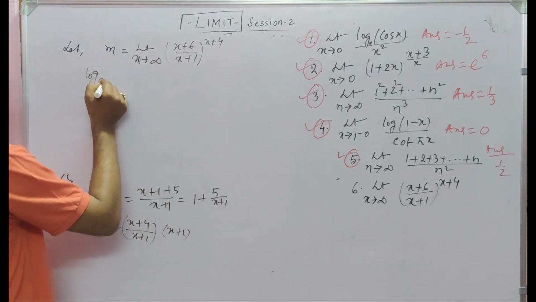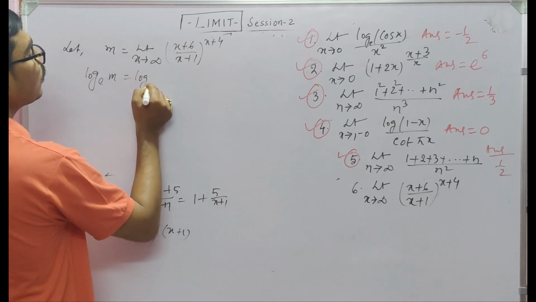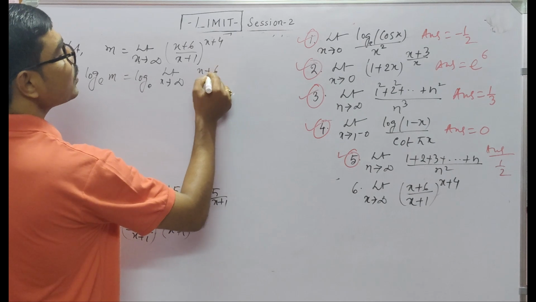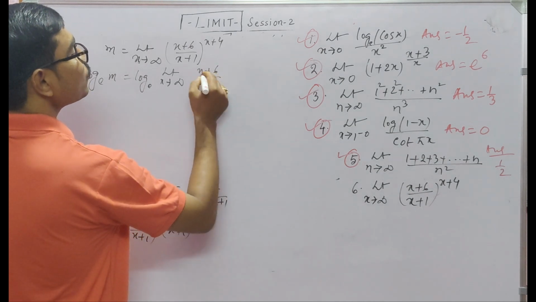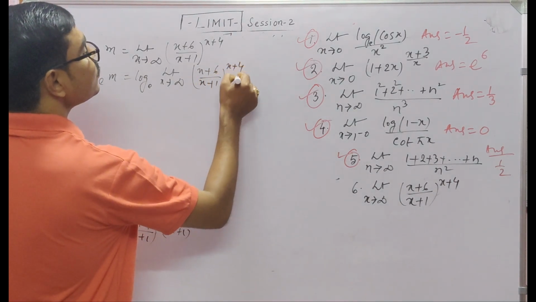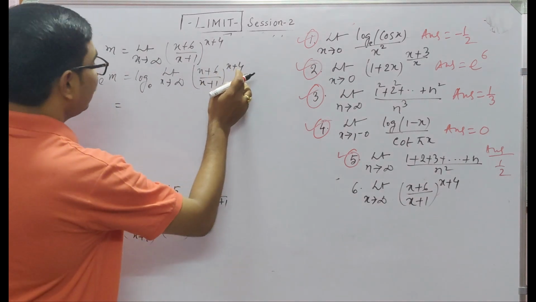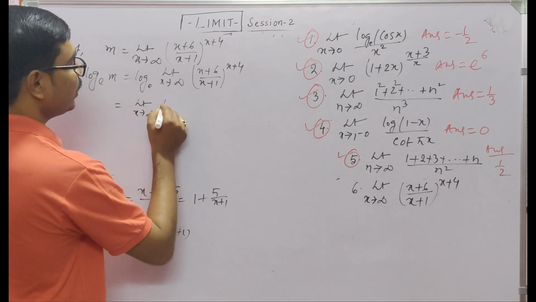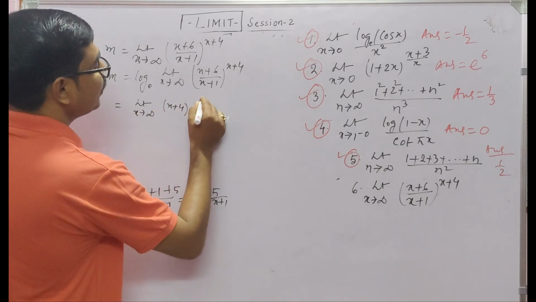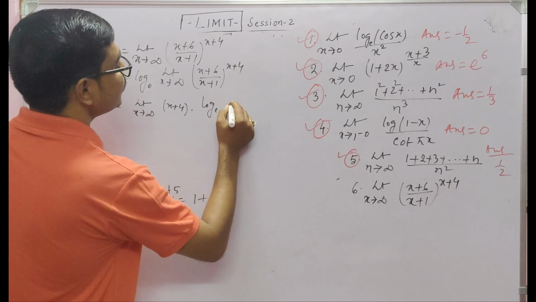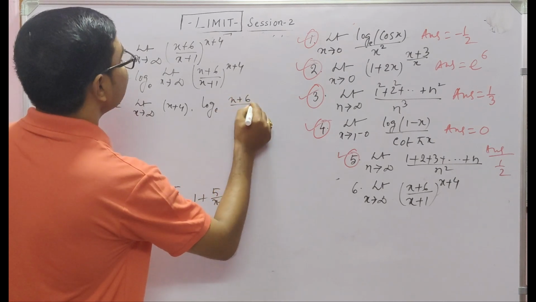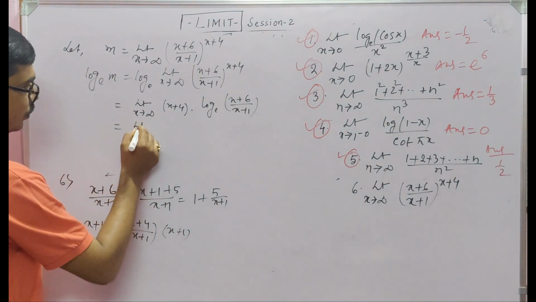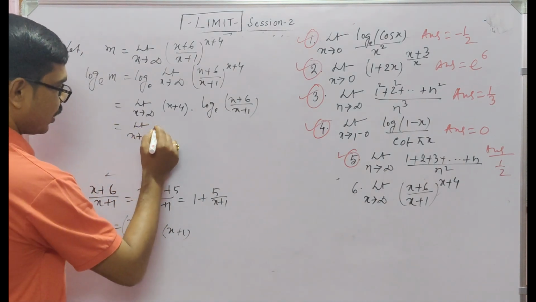So log m equals log limit x tends to infinite, x plus 6 by x plus 1, whole power x plus 4, equal to, limit কে বাইরে বের করে দাও, x tends to infinite, x plus 4 into log e base x plus 6 by x plus 1.